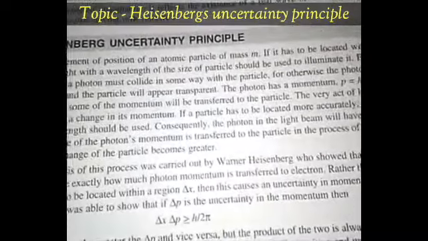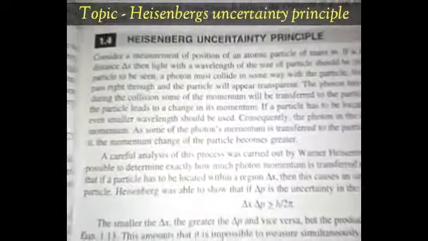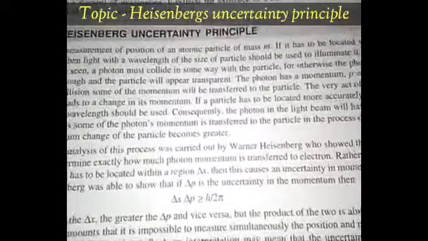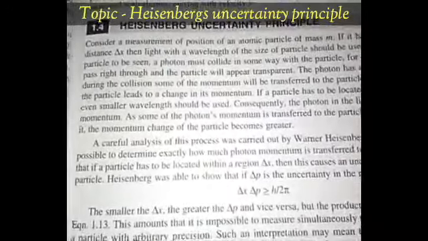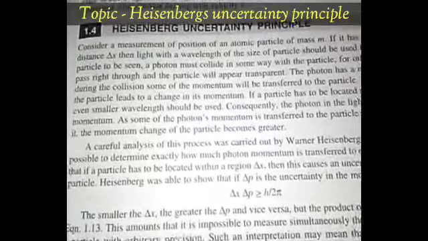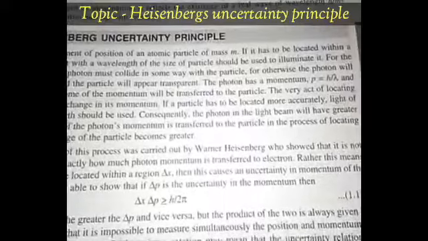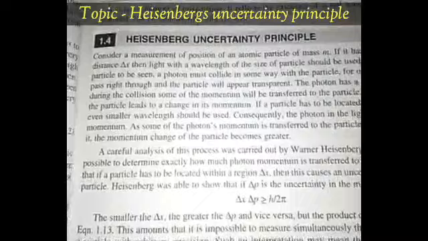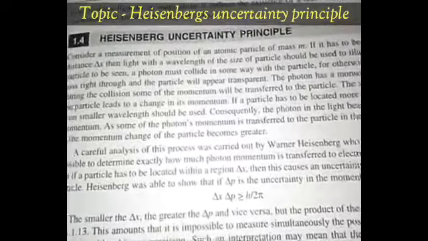and during the collision some of the momentum will be transferred to the particle. The very act of locating the particle leads to a change in its momentum. If a particle has to be located more accurately, light of even smaller wavelength should be used.